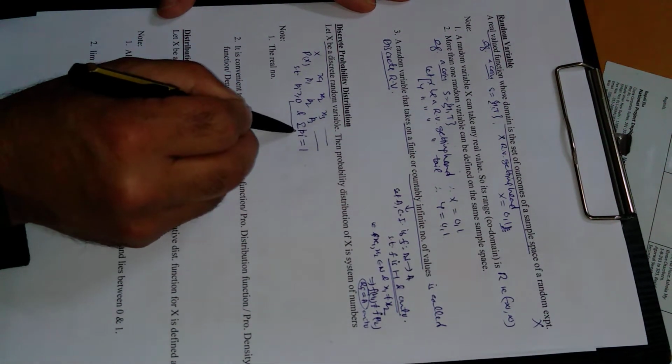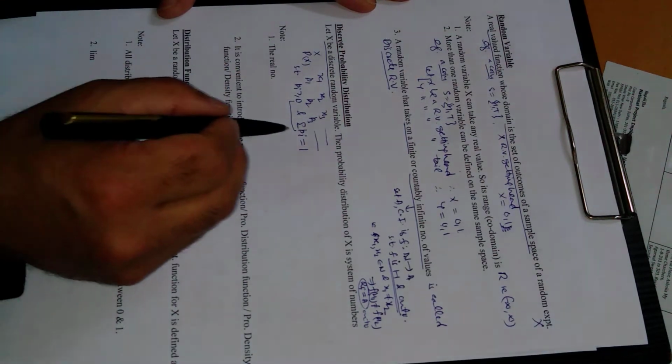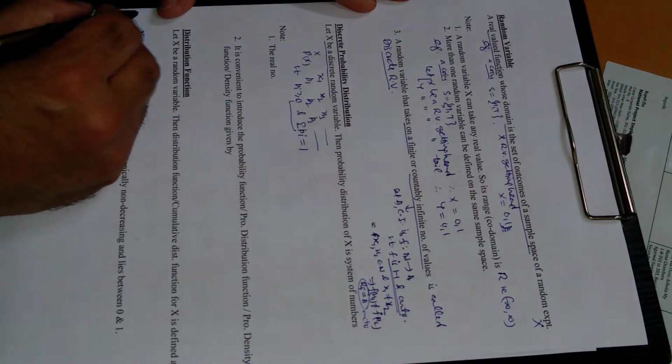The two conditions are there: all probabilities must be non-negative and their sum must be equal to 1.